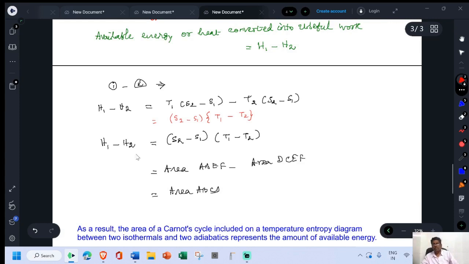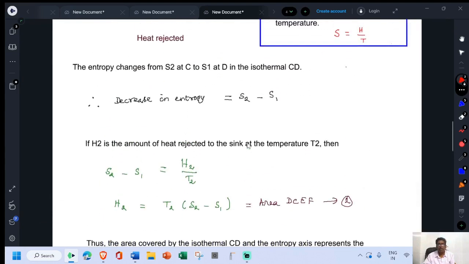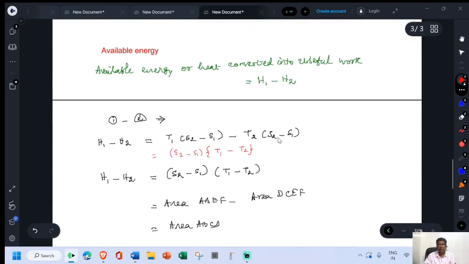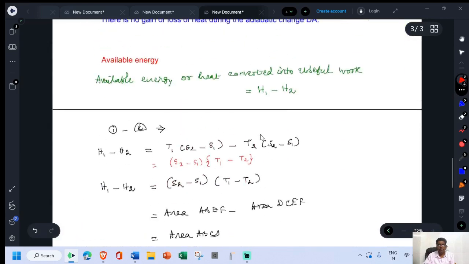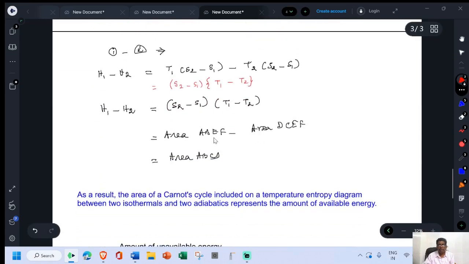So H1 minus H2 equals S2 minus S1 into T1 minus T2. Now subtract these two areas. The first area is ABEF, minus the second area, the heat rejected, area DCEF. ABEF minus area DCEF is equal to area ABCD.